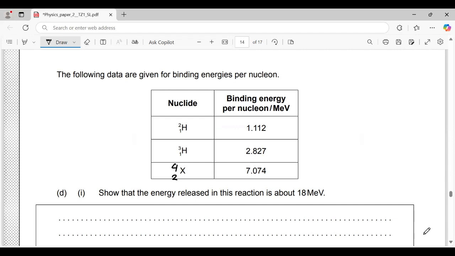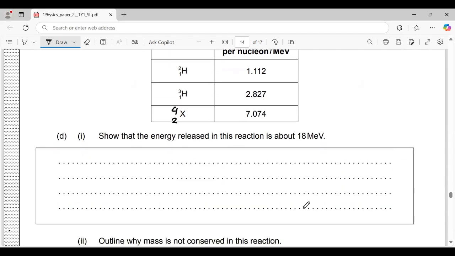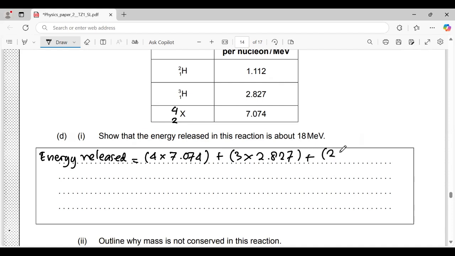18 million electron volts. So energy release equals 4 times 7.074, plus 3 times 2.827, plus 2 times 1.112.